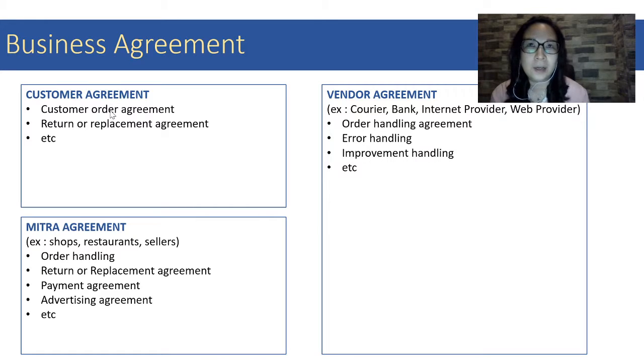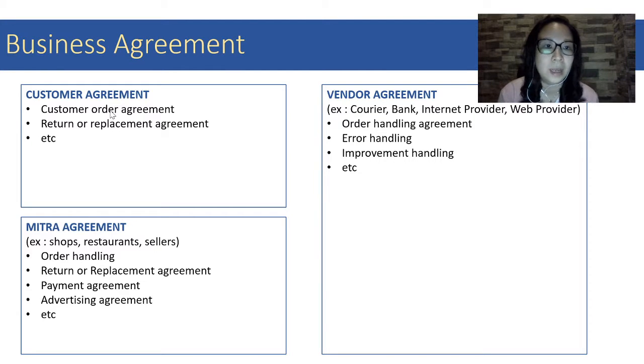It means how many days your order will be prepared, and it also covers how many days the goods will be shipped to the customer's place. For example, if the customer orders on the 10th of November, it needs a maximum of 2 days for packing, and if the customer area is still on Java island, then how many days it will take to arrive, and if it's another area outside Java, and so on. You can define that agreement.